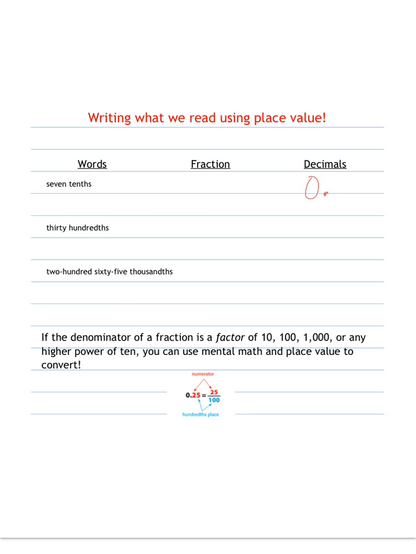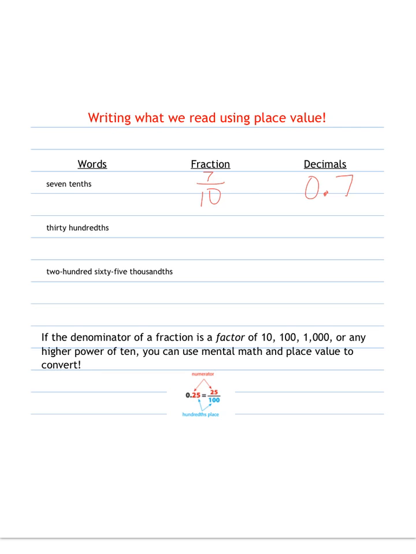So I'm going to put in my decimal, and I'm going to drop in a 7 in the tenths place. All right. Now for a fraction, that 7 tells us our numerator, and the tenths tells us our denominator. So we have 7 in the numerator, and tenths, 10 is our denominator.